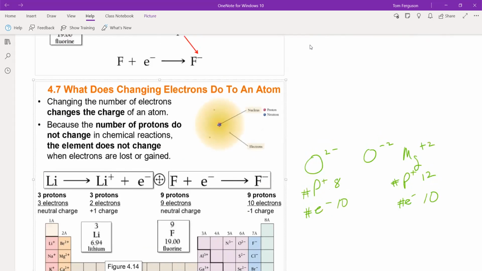Now I've got some worksheets. There are 2 worksheets I'd like you to work on.